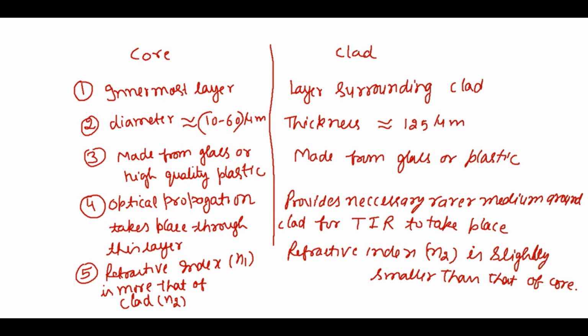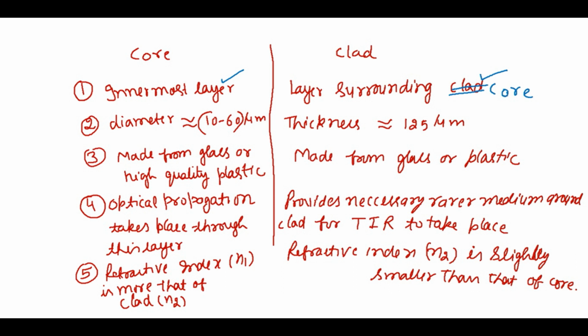Core is the innermost layer that was visible in the diagram that I showed in the previous slide. On the other hand, clad is the layer surrounding the core. Sorry, here it is written wrong. Clad is the layer surrounding the core.